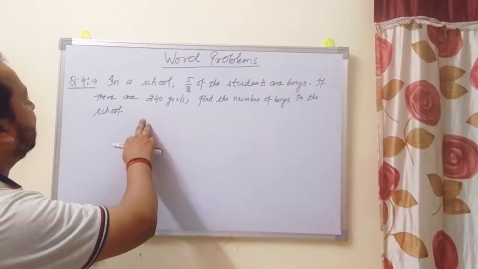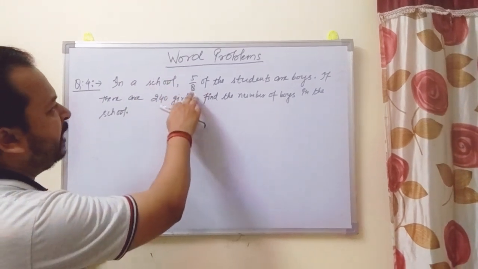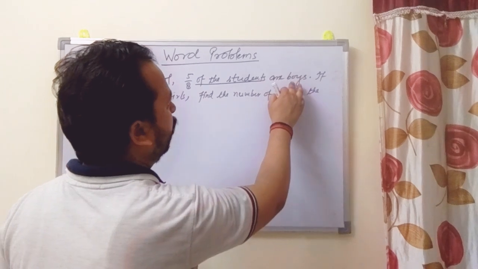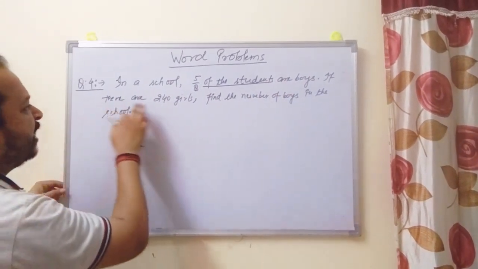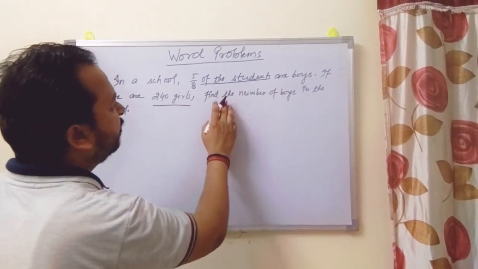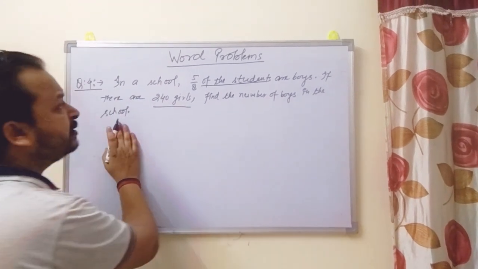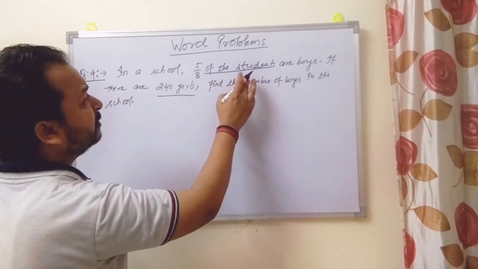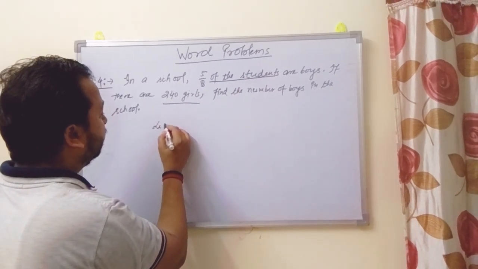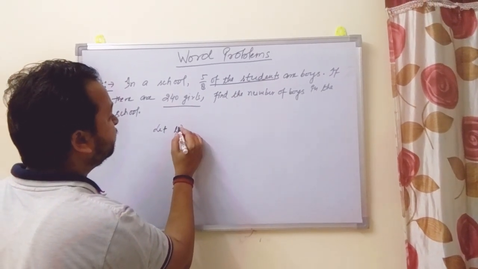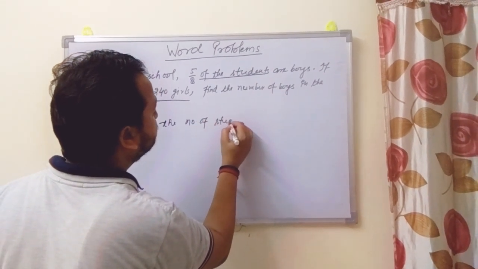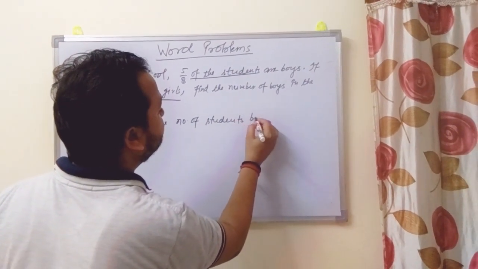The question reads: in a school 5 by 8 of the students are boys, and if there are 240 girls, find the number of boys in the school. So let the number of students be x.